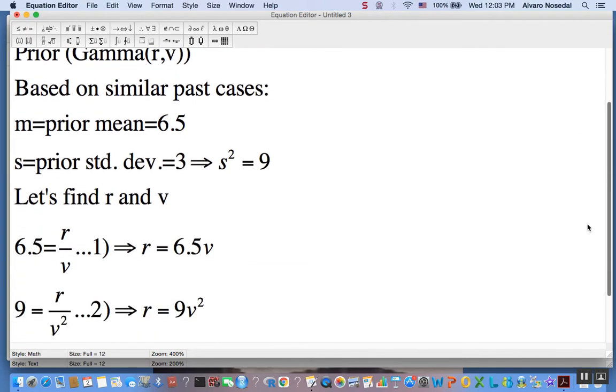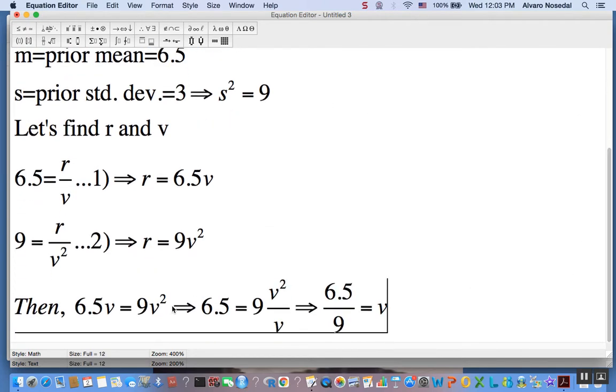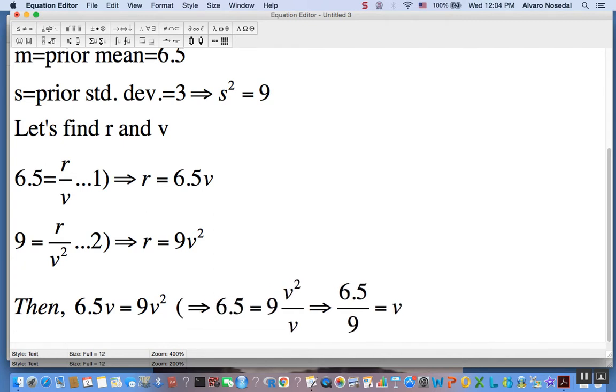So let's be very specific that when we do this, it's because we're assuming that V is greater than 0.